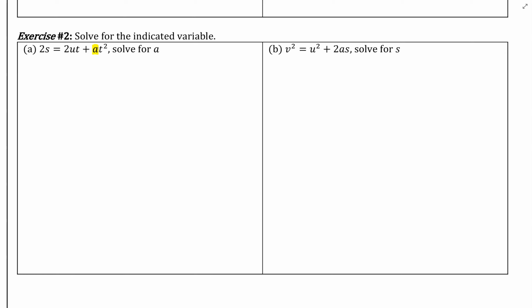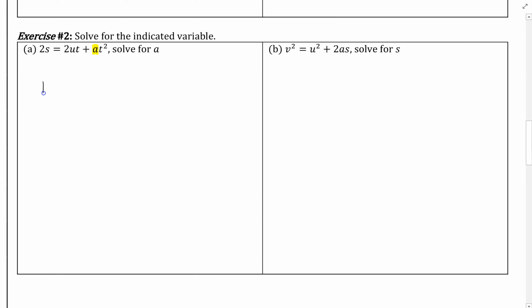We have a t squared that is attached to the a. Remember our invisible math. If you have letters or numbers next to each other with no sign, then it is assumed that there is multiplication. So what is the t squared doing since it's next to the a? Well, the t squared is multiplying.